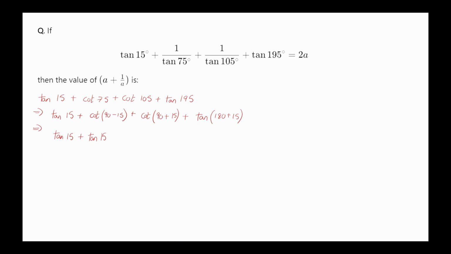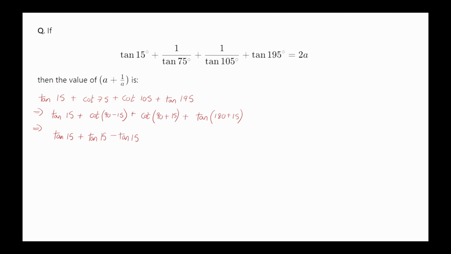Now here, cot of 90 plus 15, of course, is still going to be tan 15, but we know that cot 105 lies in the second quadrant, and in the second quadrant, apart from sine, everything used to be negative, so my tan and cot would also be negative. So this would become minus tan 15. And tan of 180 plus 15 lies in my third quadrant.